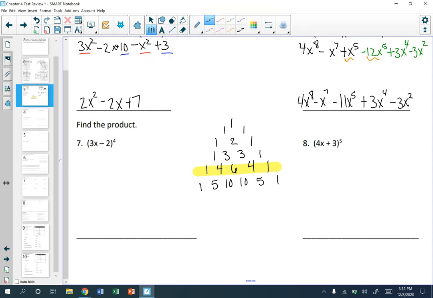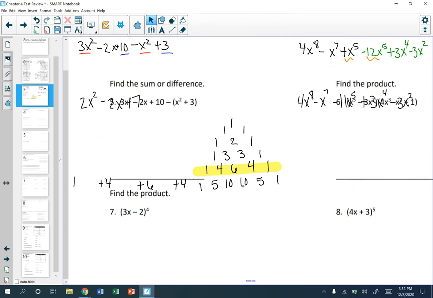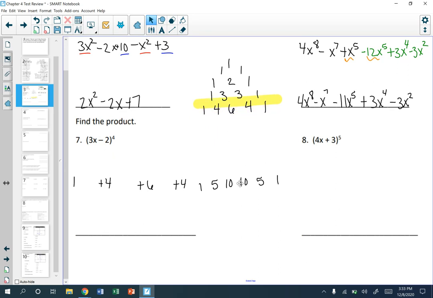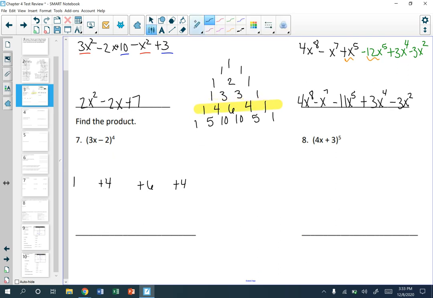So I'm going to write out my coefficients. 1, 4, 6, 4, and then the plus 1.